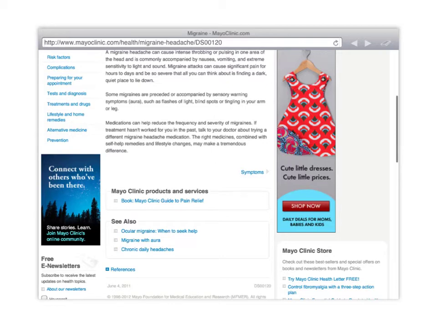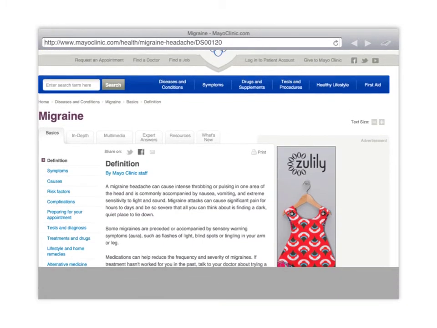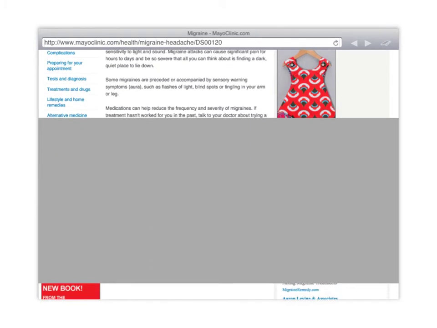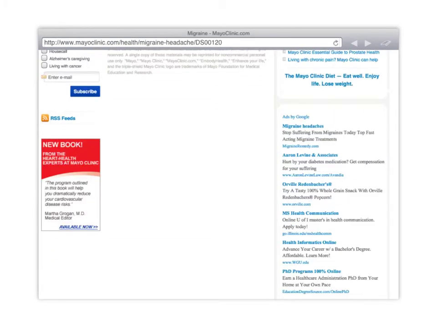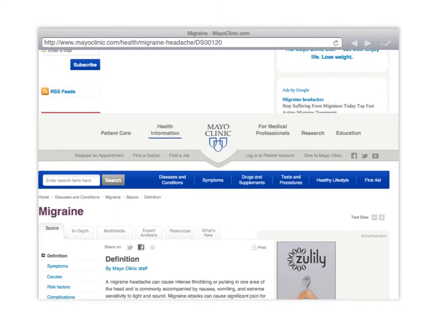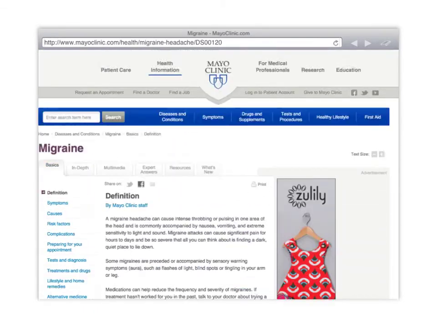We think those are pretty safe kinds of advertisements. They're distinguishable from the rest of the source, and that's helpful. We even have an advertisement for a book, and that book was written by, we see, Martha Gordon, MD, medical editor. So there we go.